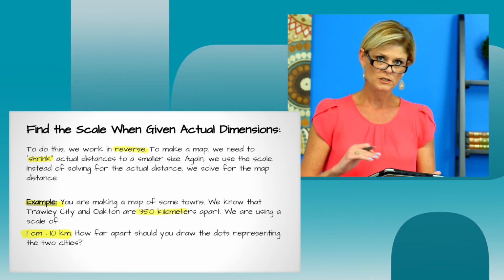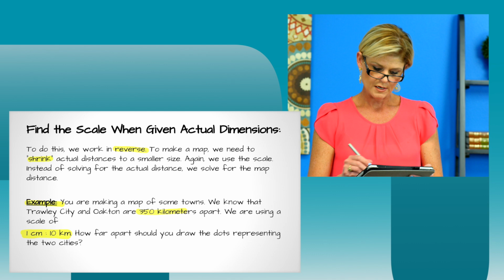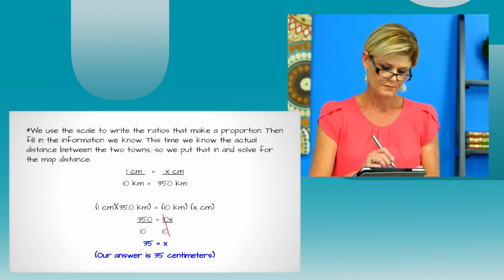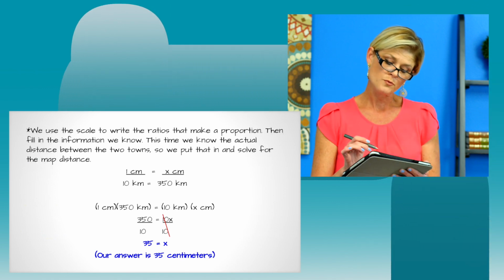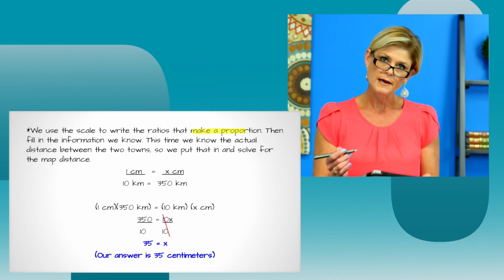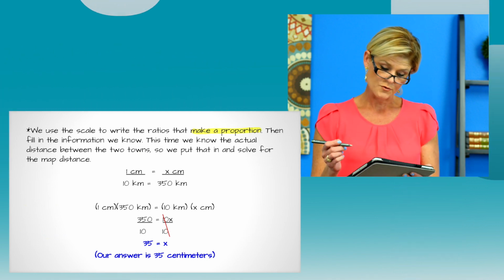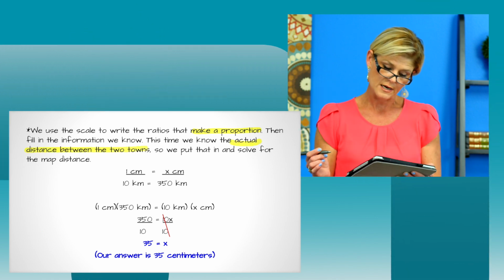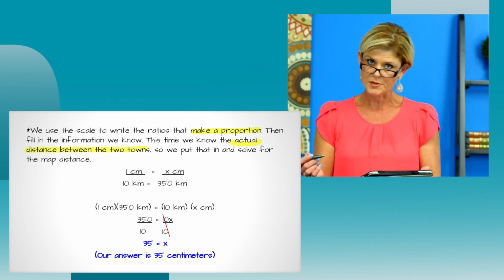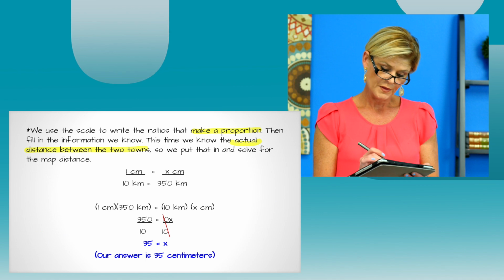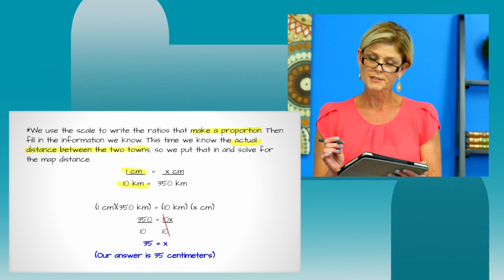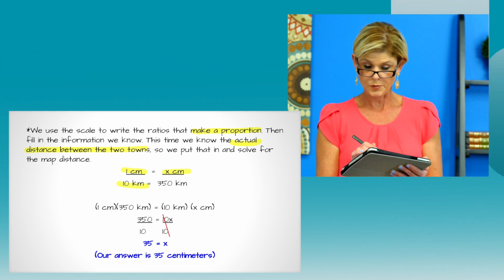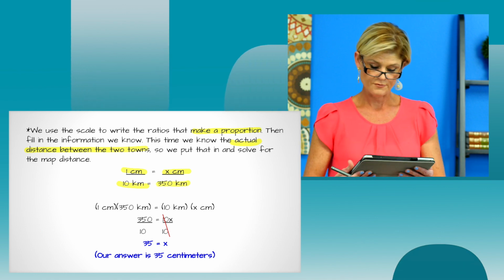Don't let all the information get you confused or panicked, because all you need to do is incorporate the information that you know a little bit at a time. We're going to use the scale to write the ratios that make our proportion. Then we fill in the information we know. This time we know the actual distance between the two towns, so we put that in and solve for the map distance. Our proportion is 1 centimeter to 10 kilometers equals x centimeters, which we don't know, to 350 kilometers.